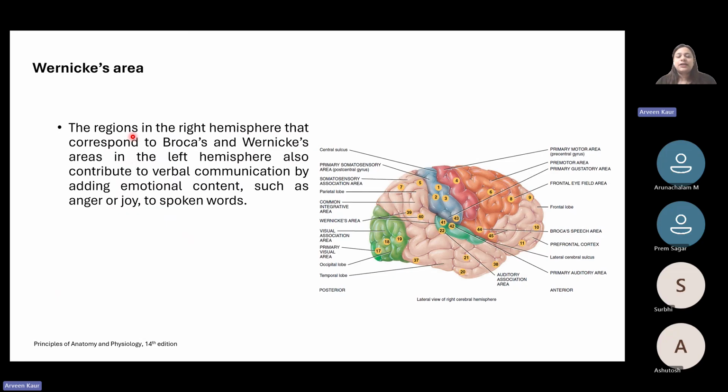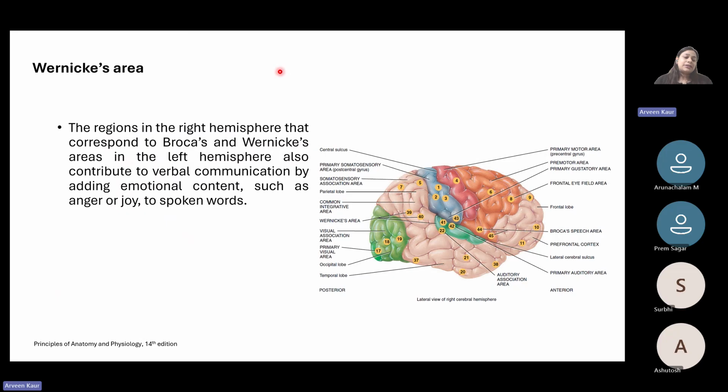For instance, a good example I like to give is if you have seen The Big Bang Theory, right? Sheldon would probably have a very developed Wernicke's and Broca's area. He was very good at understanding language and saying a lot of things, the language comprehension also.